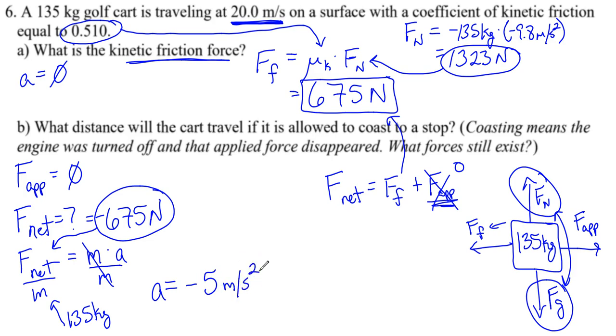Okay, so negative 5 meters per second squared. And then we want to find out what the distance is.